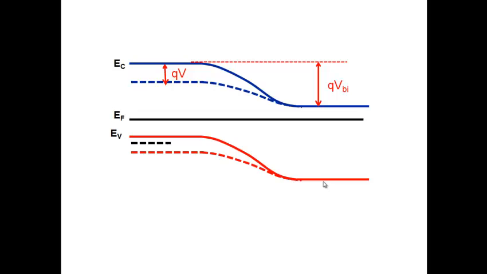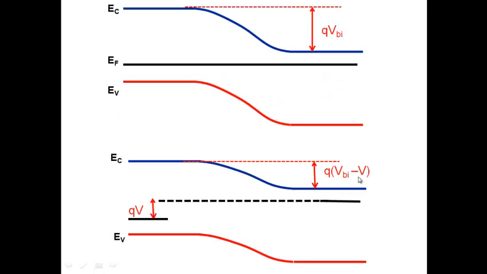What has happened to my net voltage drop across the junction? It becomes V_BI minus V. That's the point that you have to understand. When I apply a positive voltage, my effective voltage becomes V_BI minus V. If I had applied a negative voltage, it would have become V_BI plus V.